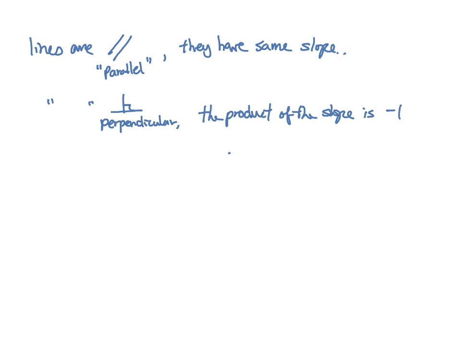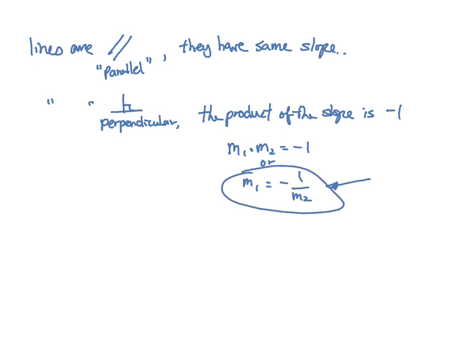There are a couple of different ways to show this. Either they say that m1 times m2 equals -1, or m1 equals -1 over m2. Most people like this way better because this is the opposite reciprocal that we hear mostly.